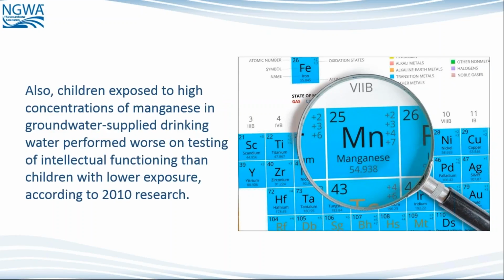There was also a study in 2010 that evaluated children exposed to a high concentration of manganese in their drinking water from groundwater supply source compared to those who were drinking a low level of exposure to manganese. And of course, the initial group performed worse on the testing of intellectual functions.